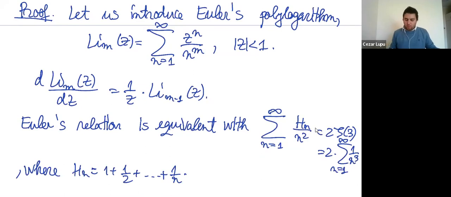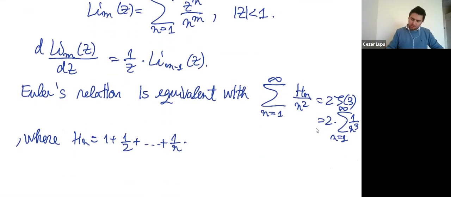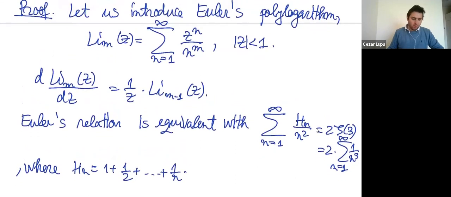So this will be equivalent with Euler's relation. Like I said, there are plenty of ways to do this, but I'm just going to use Euler's polylogarithm.